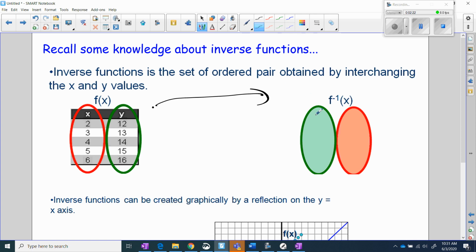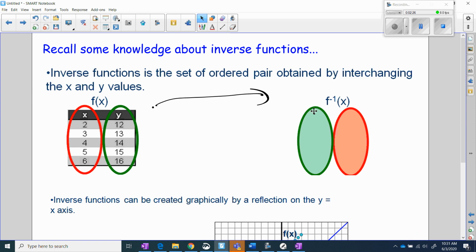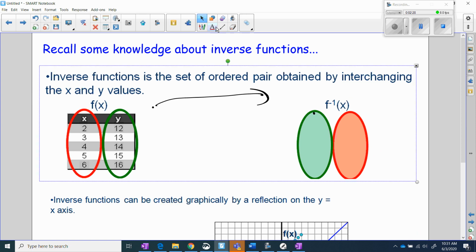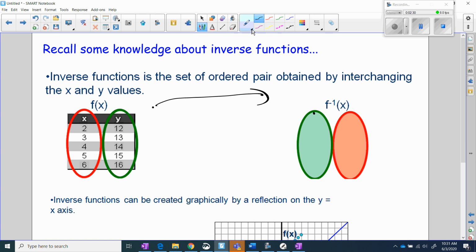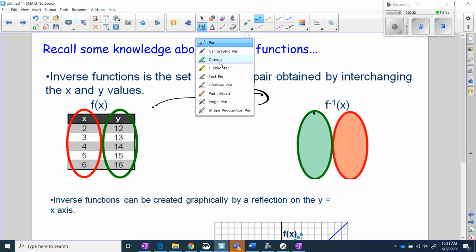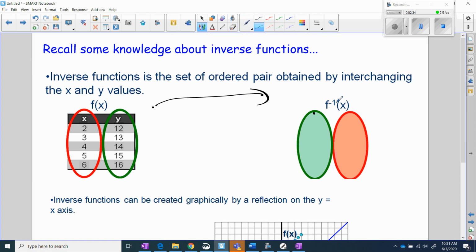These would now be your y values, color coded here, and these would now be what used to be the y's: 12, 13, 14, 15, and 16. And this would switch and become 2, 3, 4, 5, and 6. That's by definition inverses. They switch x and y.